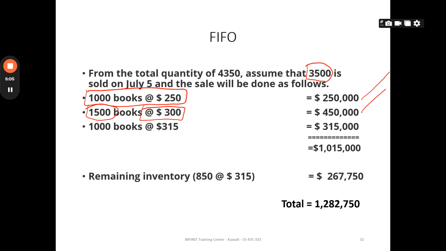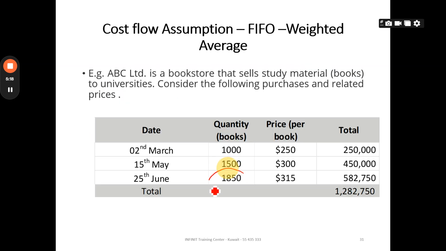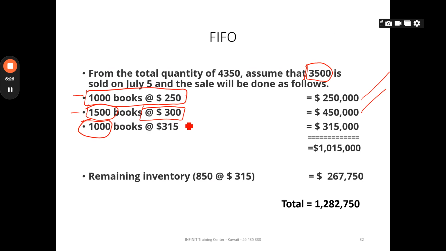How many units need to be included in the sales? It is 3,500. So we considered 2,500. Next it is 1,000 units, right? So these 1,000 units we will take out from this batch of purchase. So 1,000 units, when I am removing them at $350, the cost is going to be this.